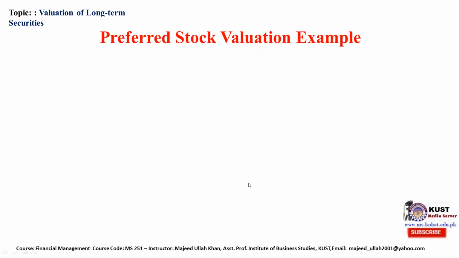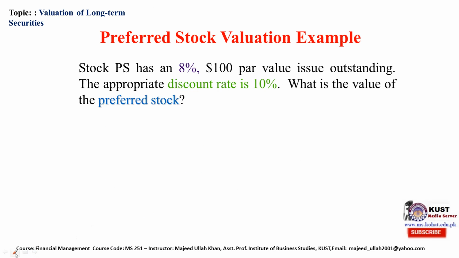Now an example. Let's suppose you have 8%. This means that this preferred stock, having a par value of 100, will give you an 8% dividend. The appropriate discount rate for the risk class in which this preferred stock falls is 10%.